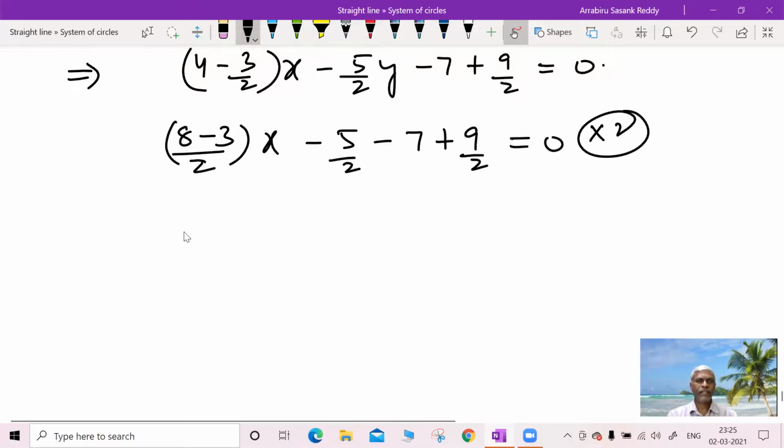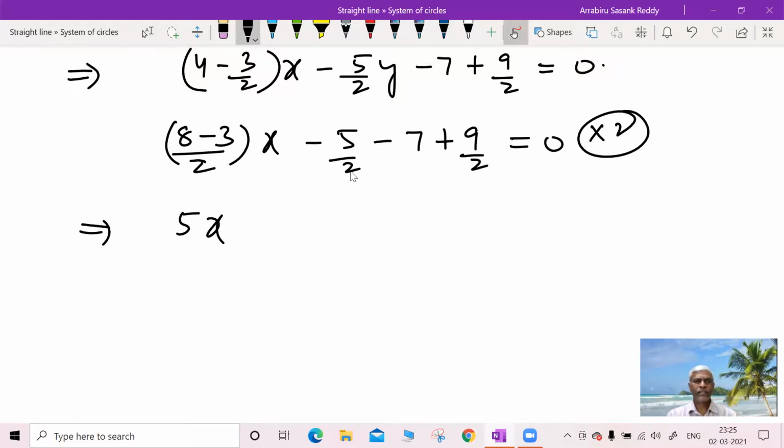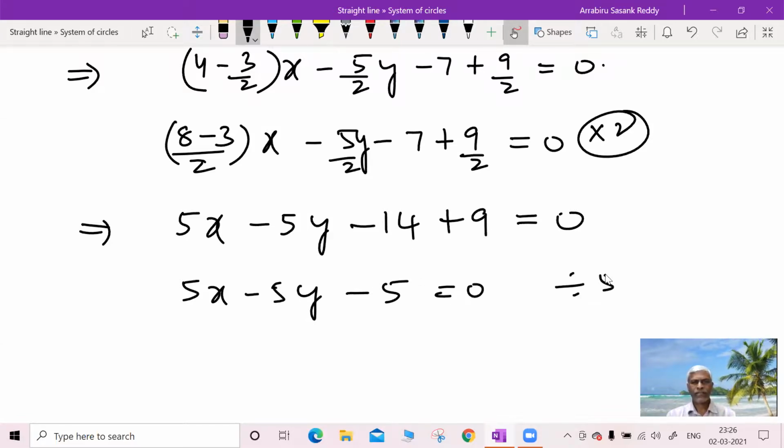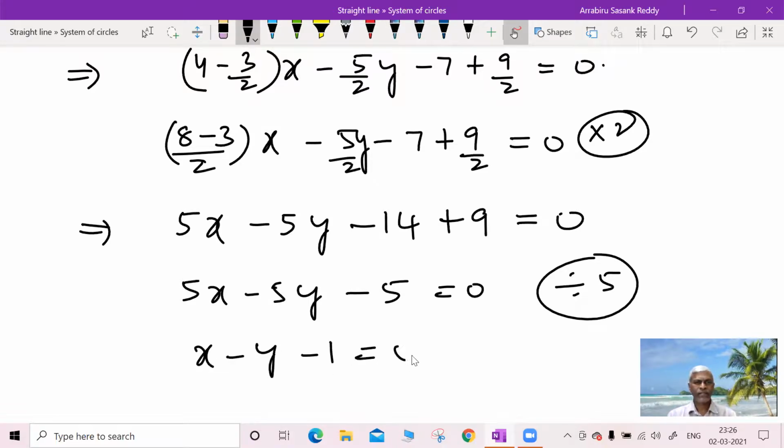So 8 minus 3, 5, this is 5y, and 2 into 7 is minus 14. 2 into 9/2 is 9. So 5x minus 5y minus 5. So dividing with 5, x minus y minus 1.